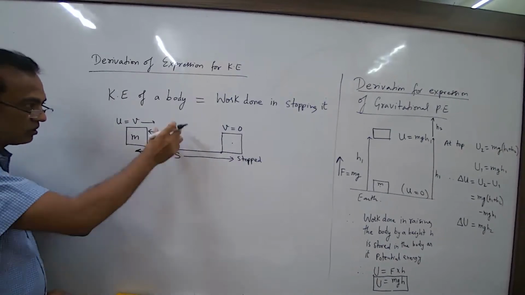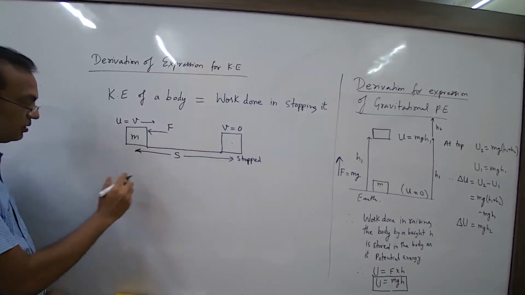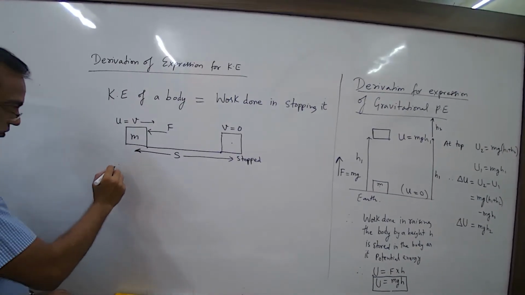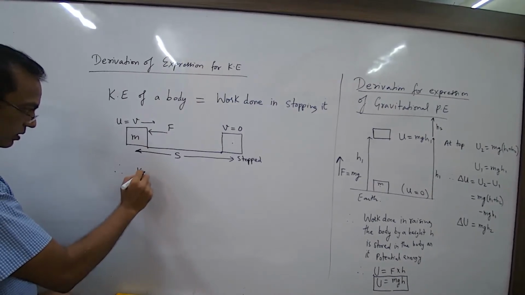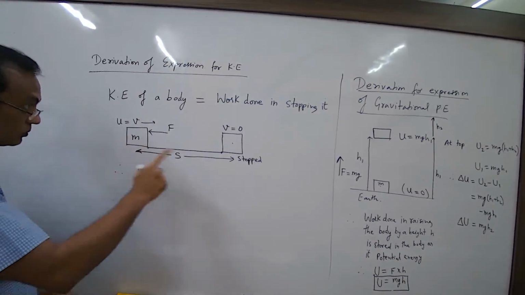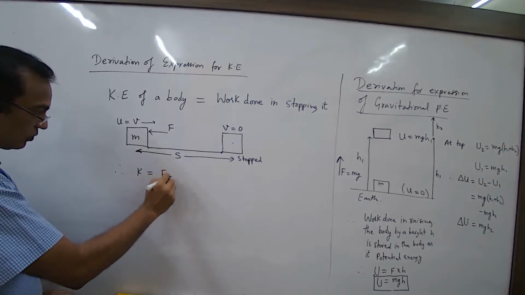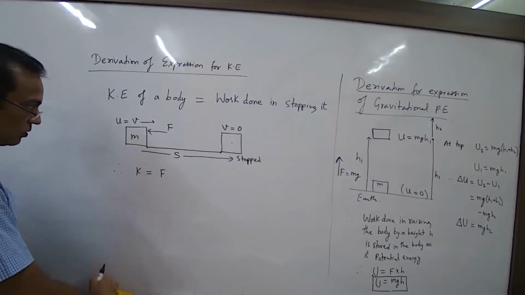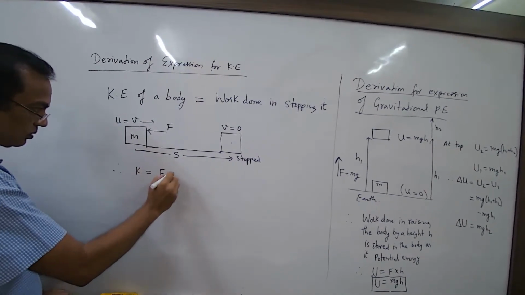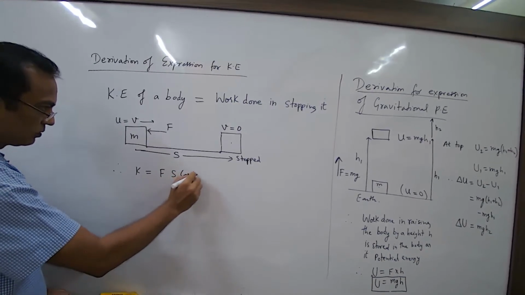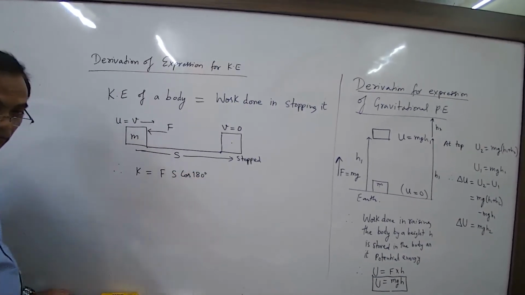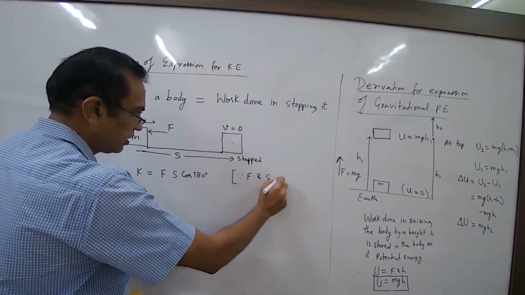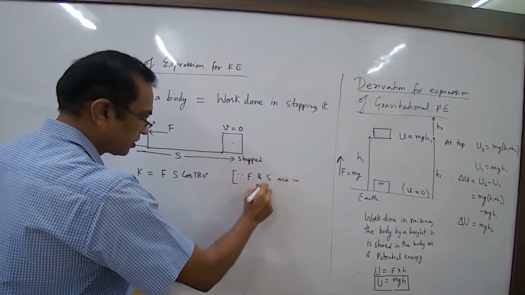So whatever work is done by me in stopping this body should be the measure of its kinetic energy. Therefore, kinetic energy is equal to force into displacement. Now force is in this direction. Where is the displacement? In the opposite direction. So that's cos 180, since force and displacement are in opposite directions.